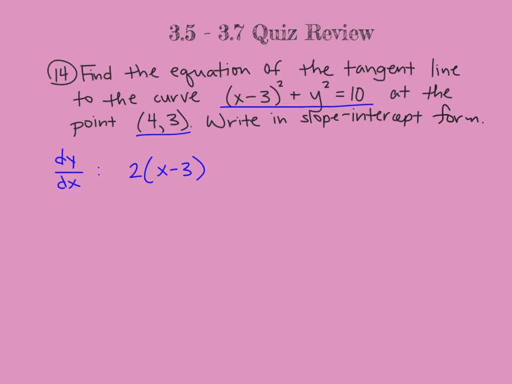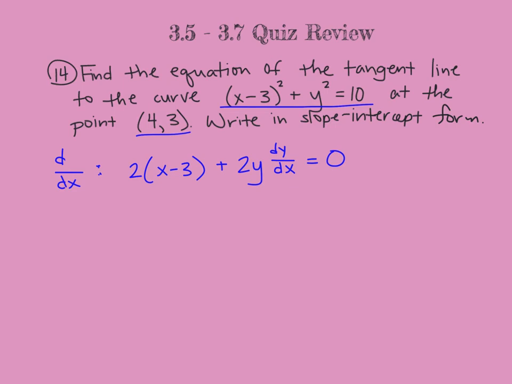Then we're going to take the derivative of plus y squared with respect to x, so we're going to have plus 2y dy/dx equals 0, the derivative of 10 with respect to x. And I actually meant to just write d/dx here, since we're taking the derivative of each term with respect to x.